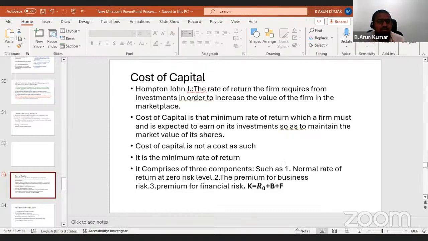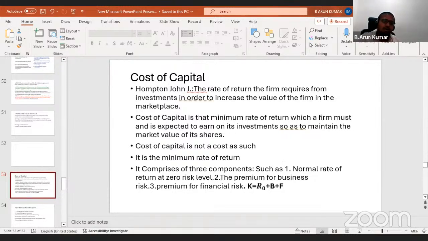So for investments, if any company is taking money from different sources, that huge amount is invested to get more profit compared to the risk-free rate of return. Likewise, that company takes some more risk, and based on that risk they need to get more return.